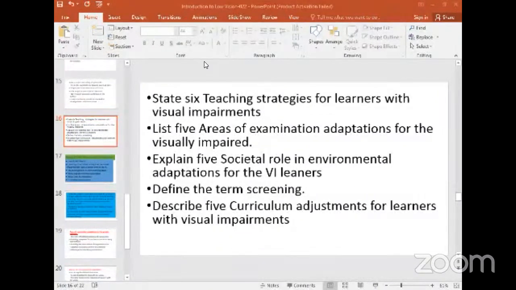Someone says this is a first test done to single out those who might be having the problem, e.g. those with visual impairments. That is screening. What are some of the curriculum adjustments for learners with visual impairments?